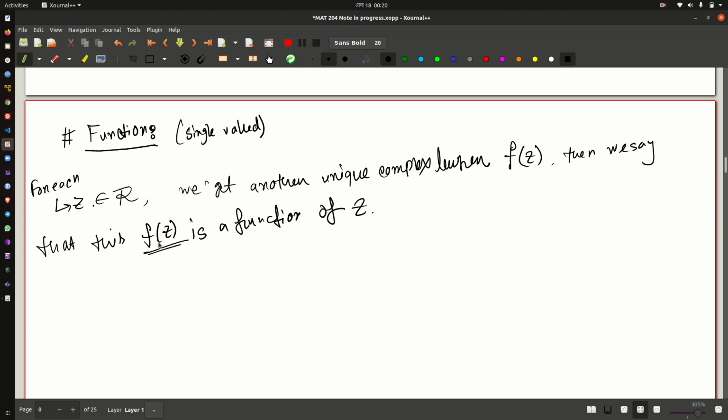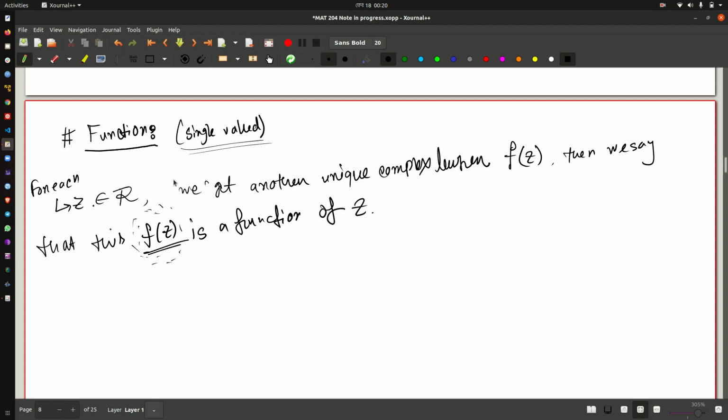Okay, and so far we are only considering the single valued functions only, and the values f of z that correspond to z belonging to R over here constitute the range of f of z. That means all the values you can have, since we are already assuming that all the values are uniquely determined, you put them all together, you get the range.